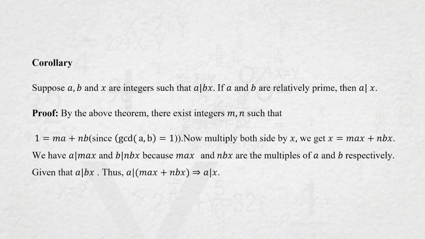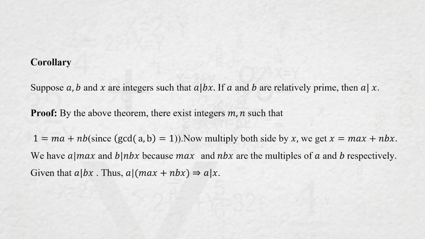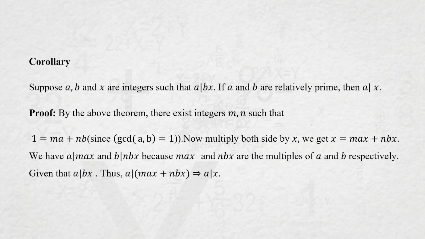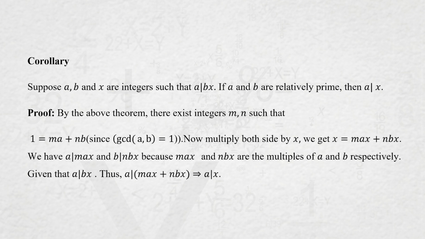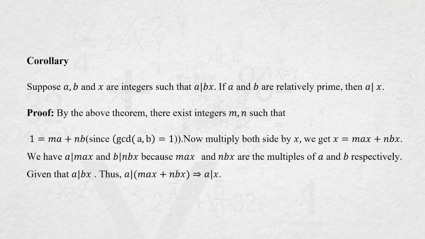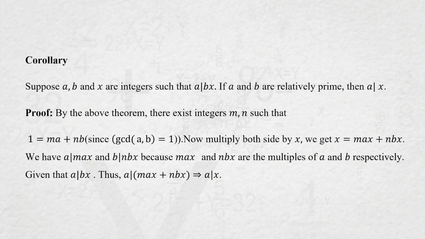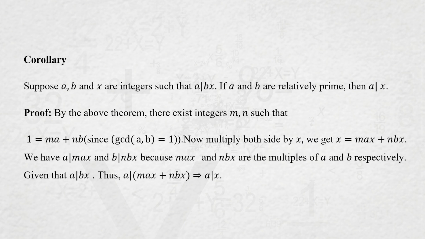We have a divides max and a divides nbx, because max and nbx are multiples of a and b respectively. Therefore, a divides max plus nbx, that implies that a will divide x also.